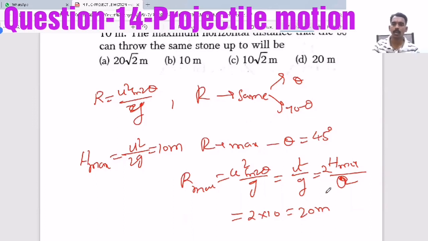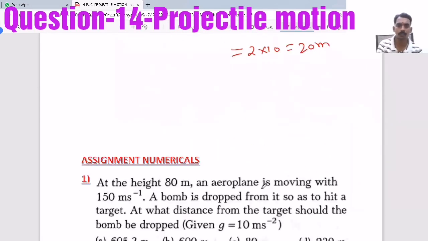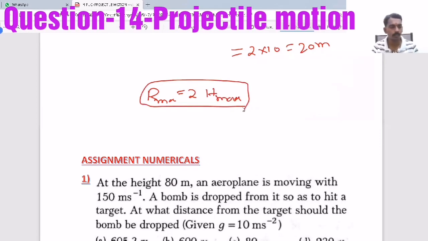So this is the relation between r maximum and h maximum: r maximum is 2 times h maximum. So remember that formula, r maximum equal to 2 times h maximum. Based on this formula, we can solve the question.